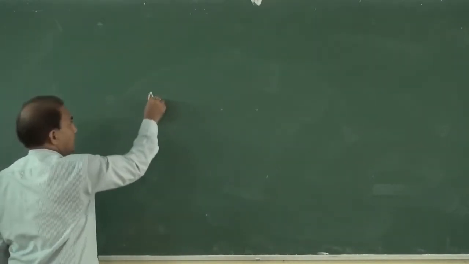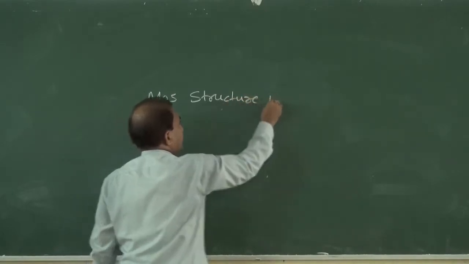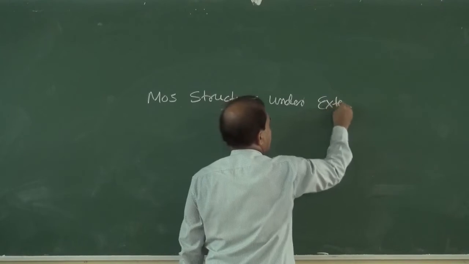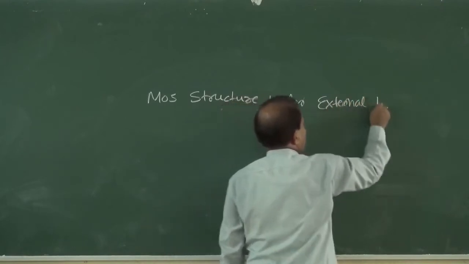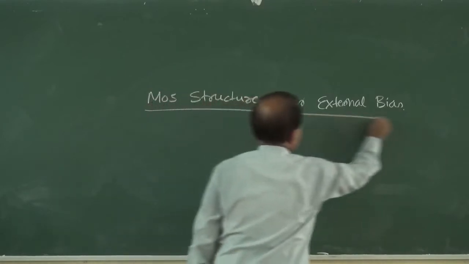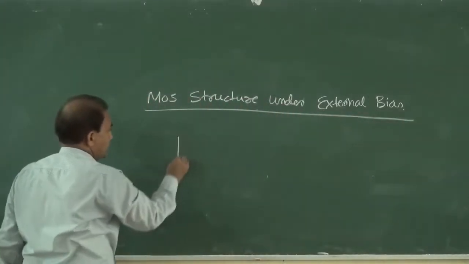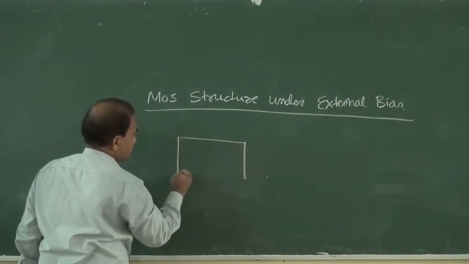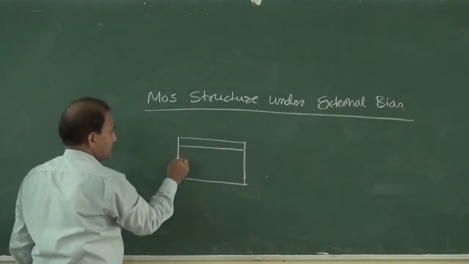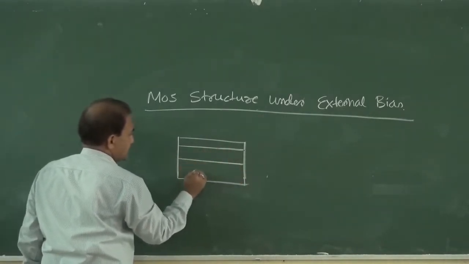Then we will study the MOS structure under external bias. Suppose this is the MOS structure, this is the metal layer, this is the oxide layer, and this is the substrate.